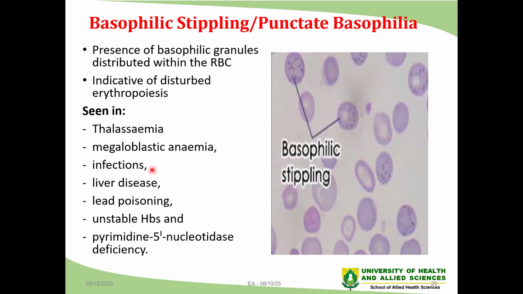All these conditions listed here may produce basophilic stippling. In case you see basophilic stippling in your blood film, you would need to take your time and investigate to find out: is it thalassemia? Is it megaloblastic anemia? Is it infection? Is it liver disease? Is it lead poisoning? Is it the presence of unstable hemoglobins? Or is it pyrimidine 5 nucleotidase deficiency? All right.